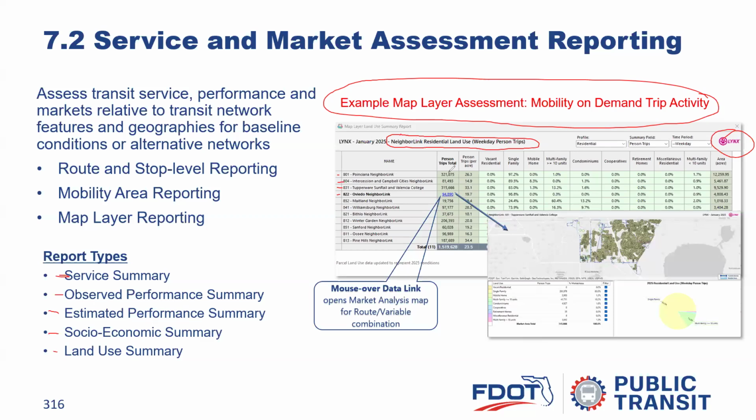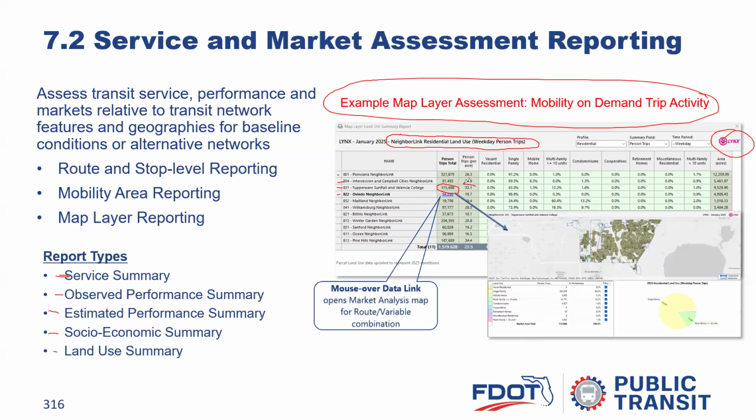So the idea here is that for 822 Oviedo NeighborLink, the total person trips within that zone are 94,890. For this Tupperware, Sunrail, and Valencia College, it's 315,666. So it's a much higher total.